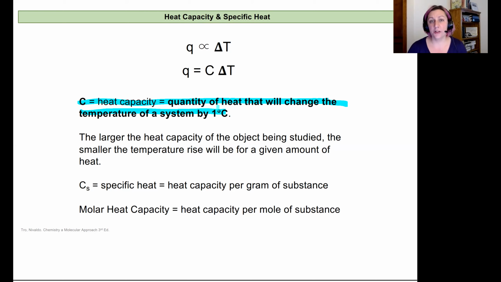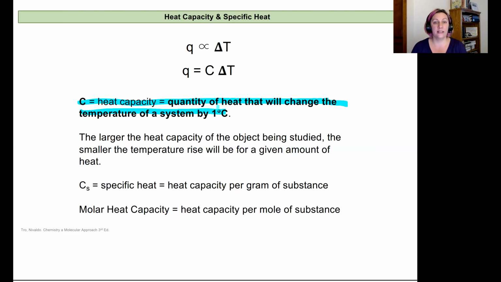So the larger the heat capacity an object has, the smaller the temperature rise will be if you put in some energy. So it's like saying that you have to put more energy into something with a high heat capacity to be able to increase its temperature a little bit. And if something has a really low heat capacity, then if you put a little bit of energy in, the temperature changes a lot.